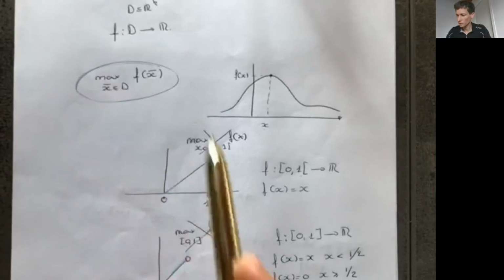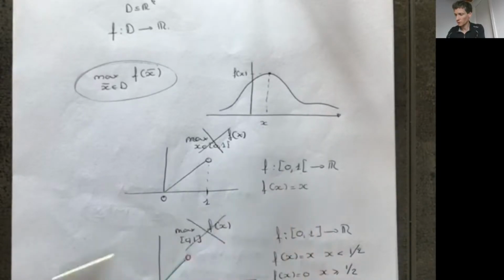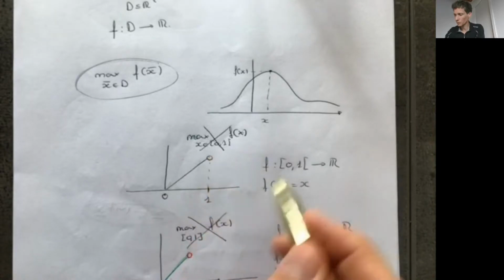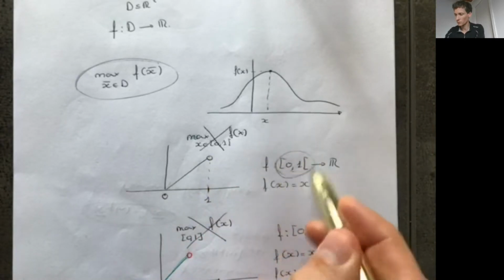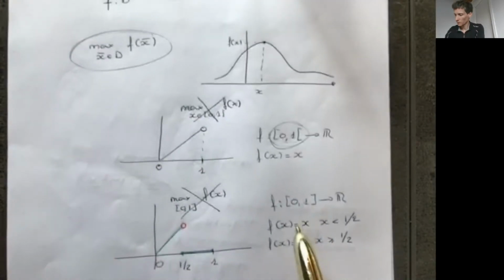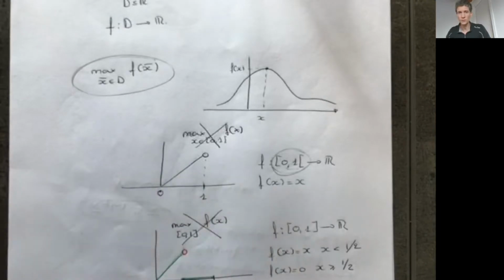So there are several cases where this problem does not have a solution. Here we have seen an example where the problem was because the point that we would like to include was not in the domain, right? So here the set was, we can say, not closed. In this case, we had a problem that the function made a jump at 1/2, and in a certain sense we will see that these are the only two cases where things can go wrong.